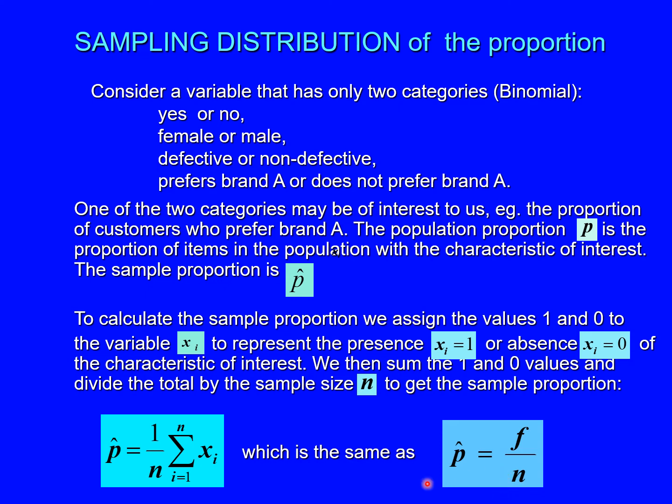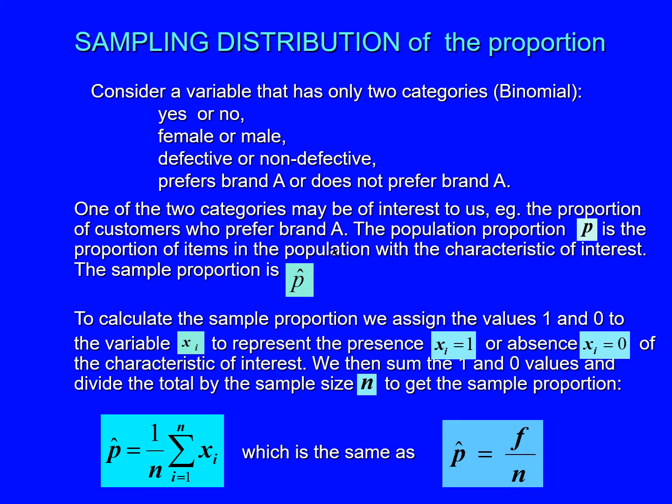So the sample proportion is 0.8. But in the whole population, I mean in the whole class, if it is, for example, 50 or 100 or 200, we do not know the proportion of people who pass the exam, right? That's the way we calculate the sample proportion itself, right?